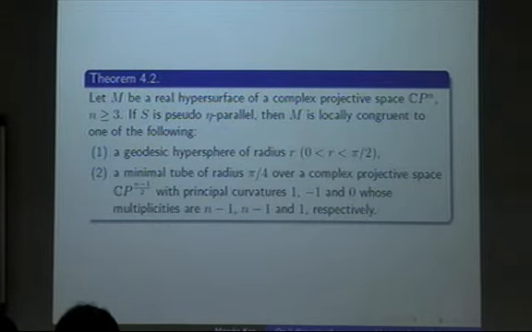If M is a hypersurface in complex projective space, then M is locally congruent to a geodesic hypersphere or a minimal tube of radius pi over 4 over complex projective space CP^{n-1}, with principal curvatures 1, -1, and 0, whose multiplicities are n-1, n-1, and 1 respectively.